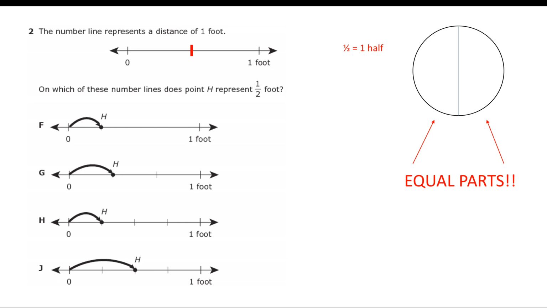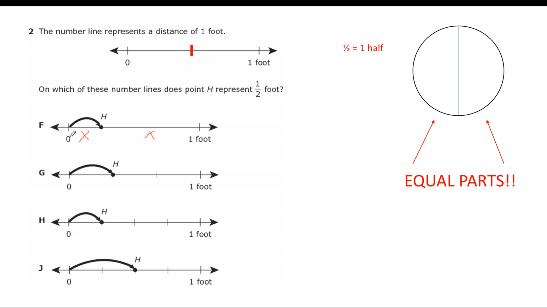So let's look at F. So right here, we're looking at F. This is showing us 2 parts. We have one part right here, and we've got another part right here. But there's something wrong about these parts, and I want you to think about what is wrong about them. They're not equal, right? There are 2 parts, but these are not equal parts.